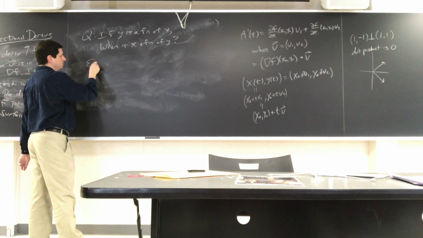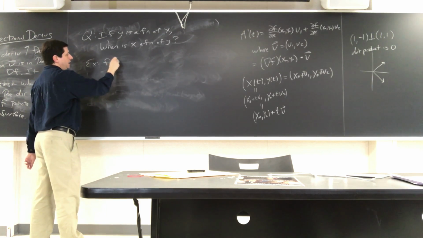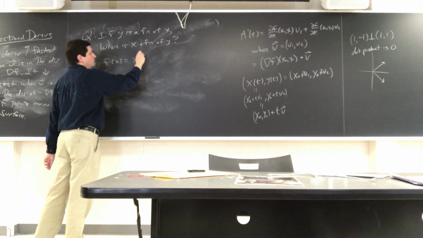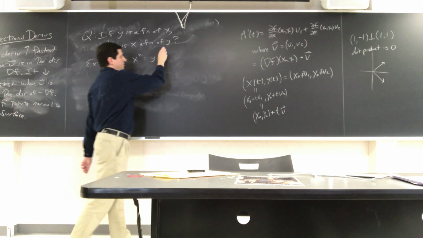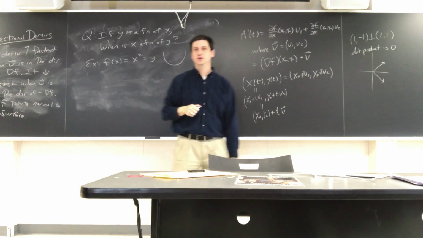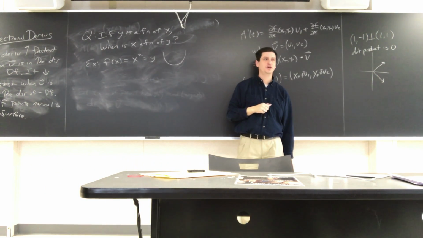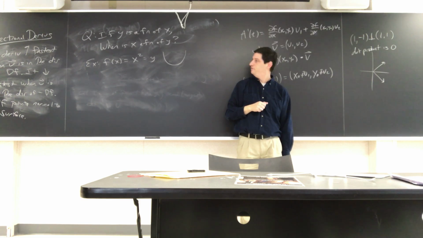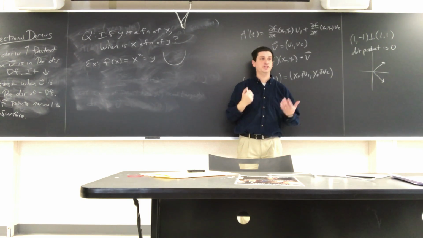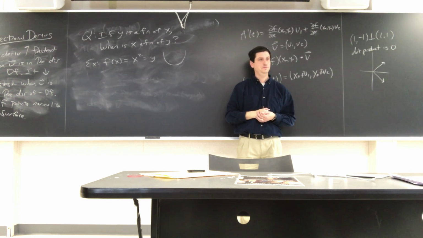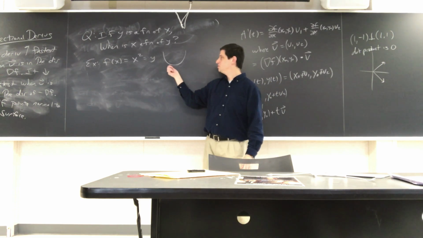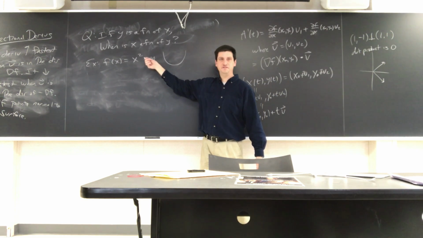So for example, let's say f of x equals x squared equals y. This is about my level of artistic talent. If you give me an x, is y uniquely determined? If I tell you x, do you know what y is? If I tell you x equals -5, well, y is just -5 squared.